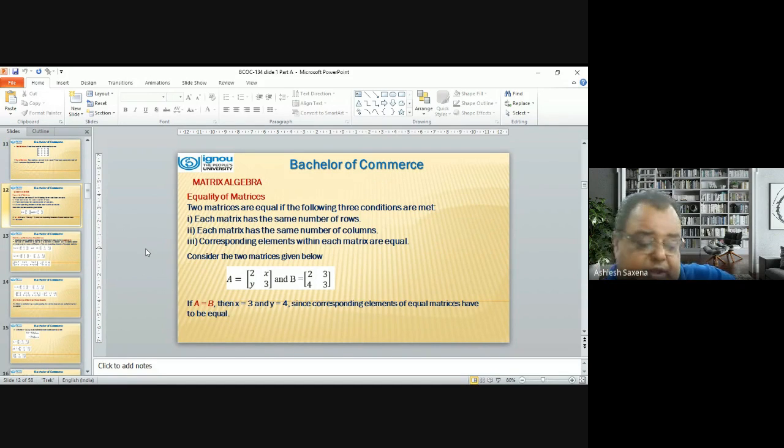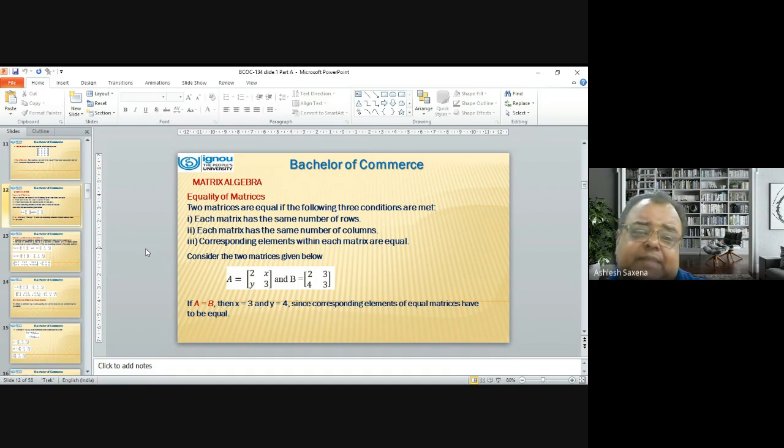Now, for the equality of matrices, two matrices are equal if the following three conditions are met. Each matrix has the same number of rows, each matrix has the same number of columns, or what I said, it has to be of the same order, and corresponding elements within each matrix are equal. Here, we take up this example.